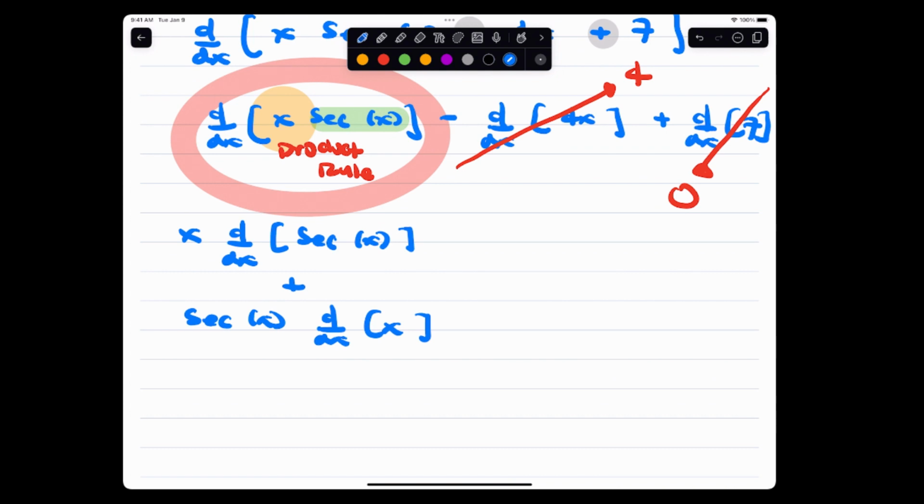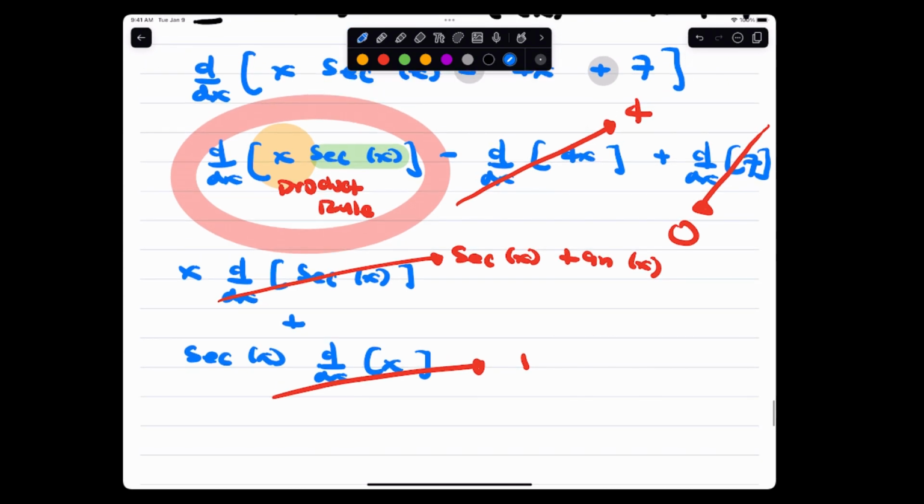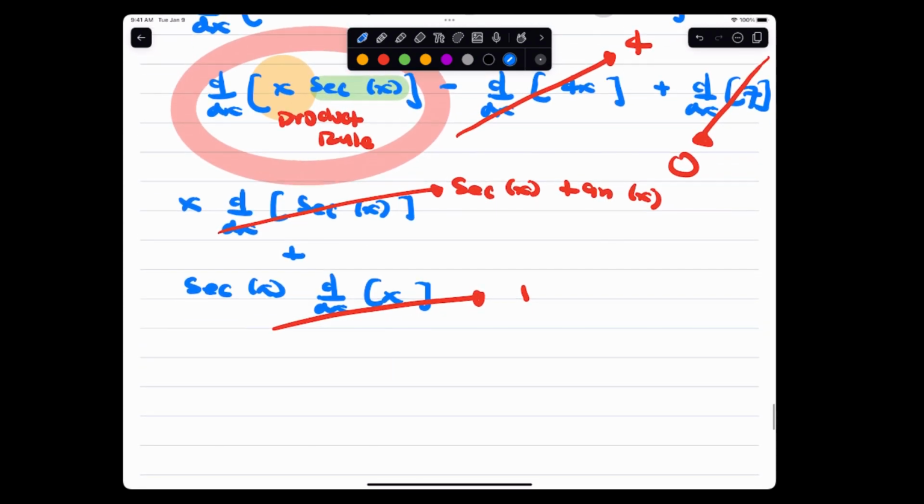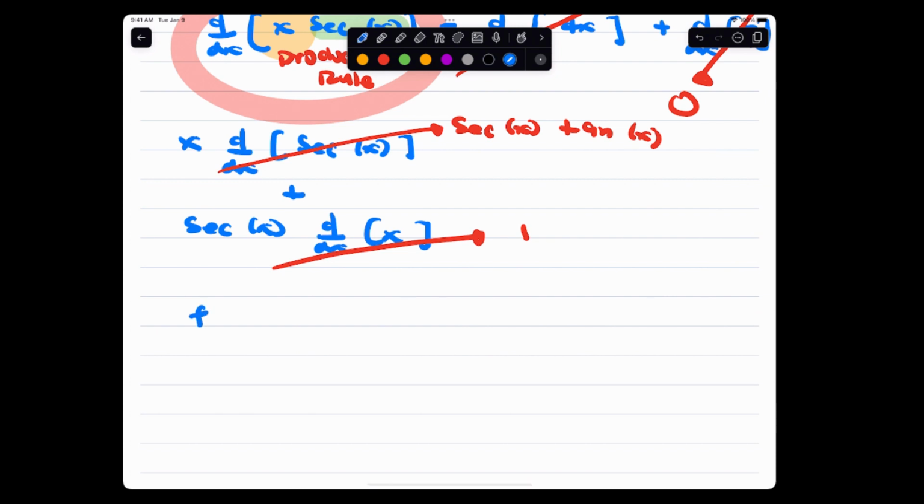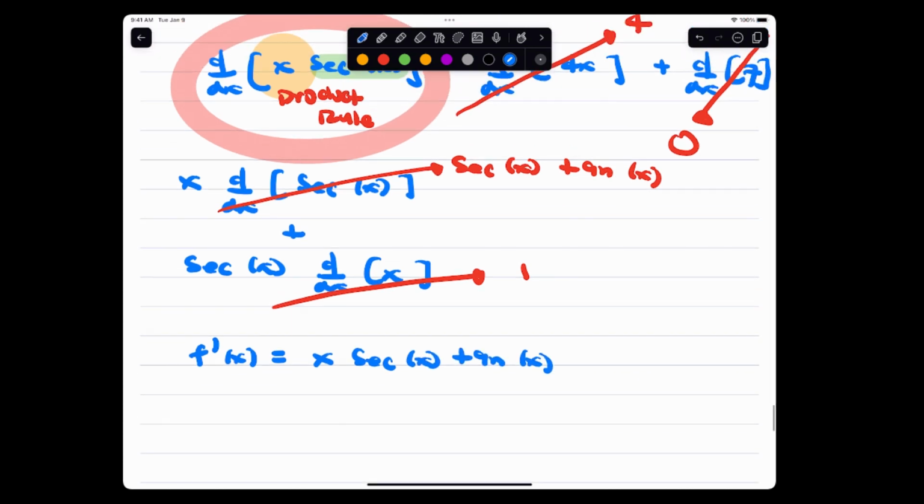Okay, now, what's the derivative of secant? Secant tangent. You guys have that list there, maybe? Yeah. What's the derivative of x? 1. Okay. So you want to take a step back and try to say, okay, what do I write down, right? You have x secant what? Tangent.